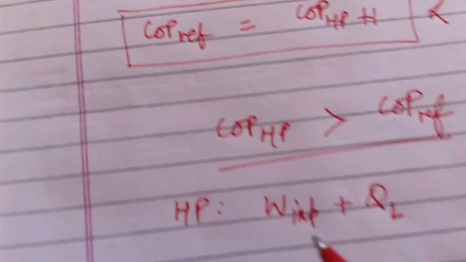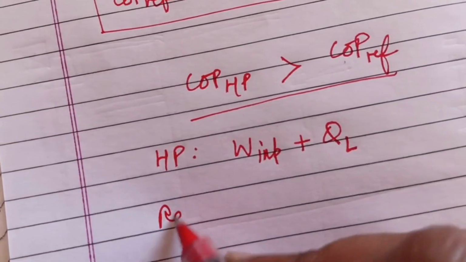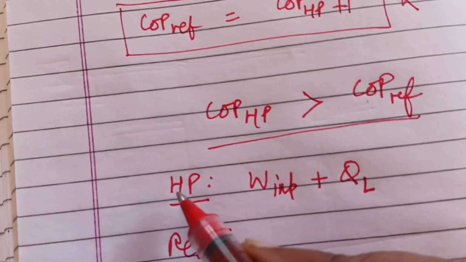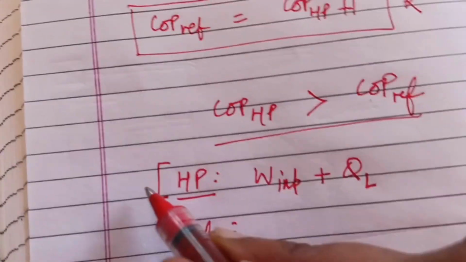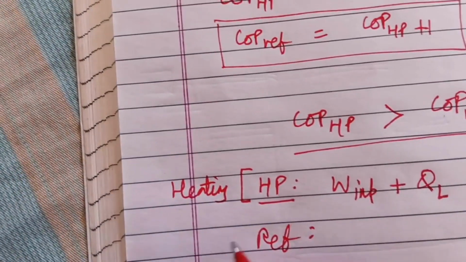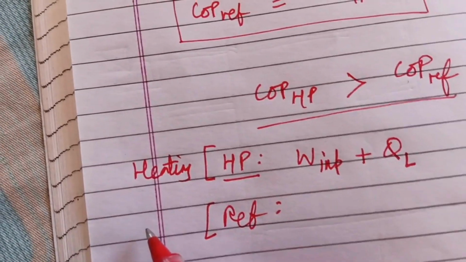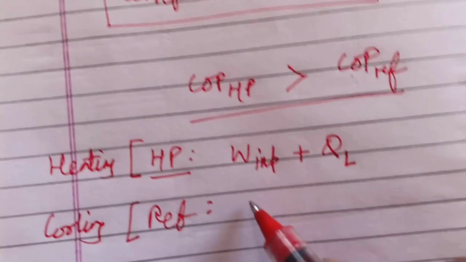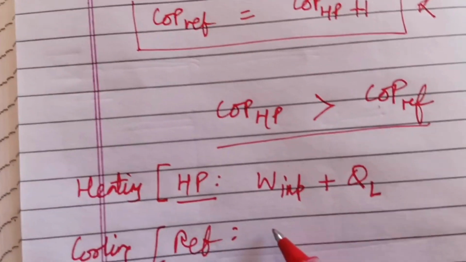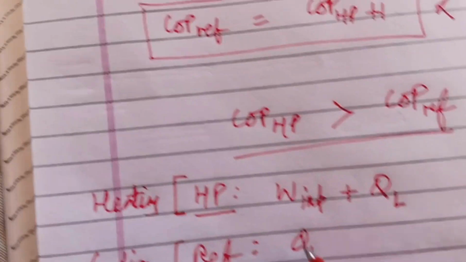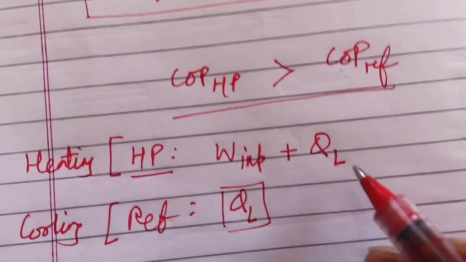So this is the case in case of heat pump. Here the objective is to heat up the space, the desired effect is heating, right? And in case of refrigerator, the desired effect, or the output we want, is cooling. So in order to achieve cooling, we have to continuously absorb heat or extract heat out of the body maintained at low temperature.